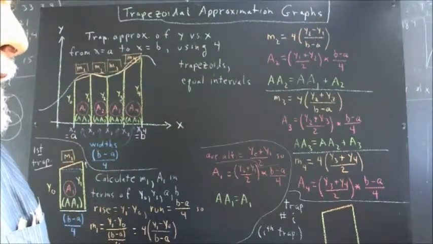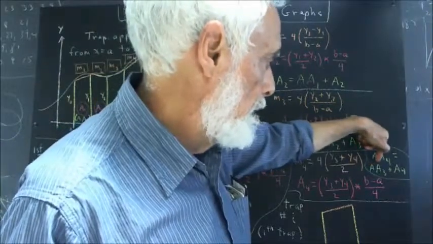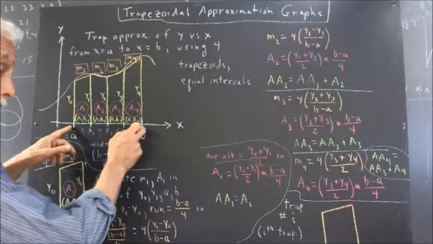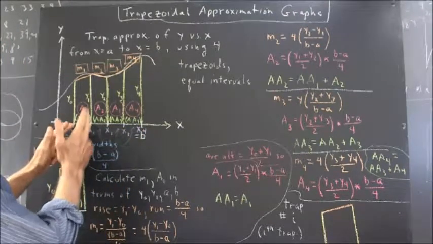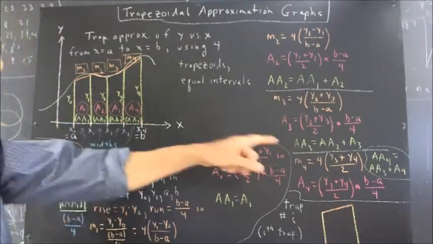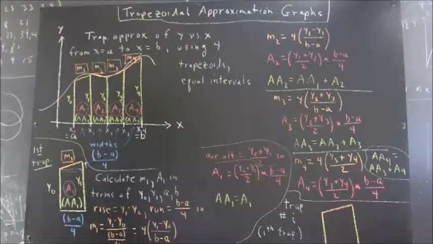Let me pause and do that. As you're probably expecting, the accumulated area 4 is accumulated area 3 plus area 4. So our accumulated areas are total area up to here, then up to here, then up to here, then up to here. Our fourth accumulated area, of course, is the total area of all 4 of the trapezoids.